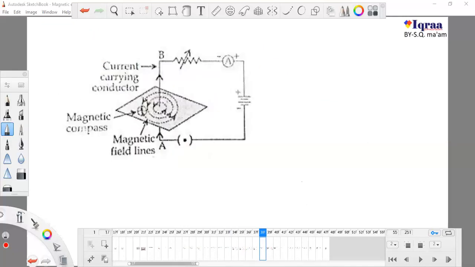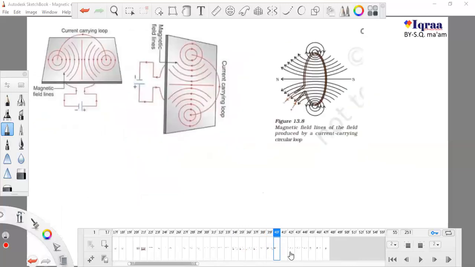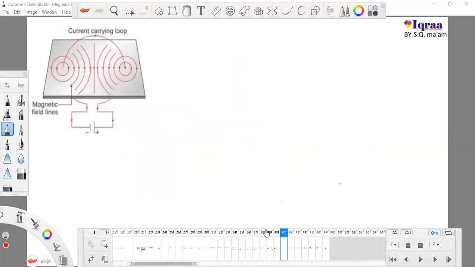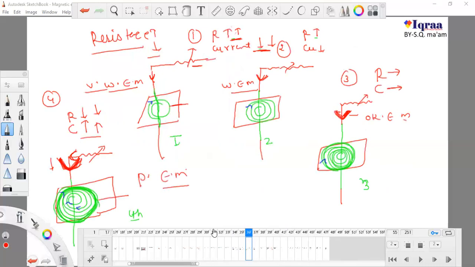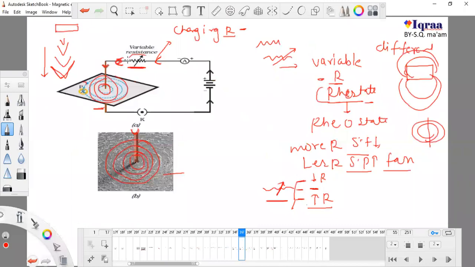Tell me if you understood, or if any doubts are coming to you, then you can tell me. Are you able to answer? I'm telling you about this case. This rheostat, don't forget about this.